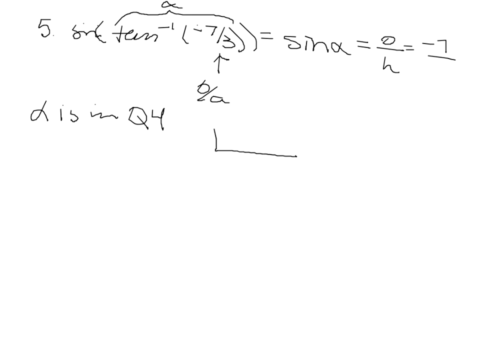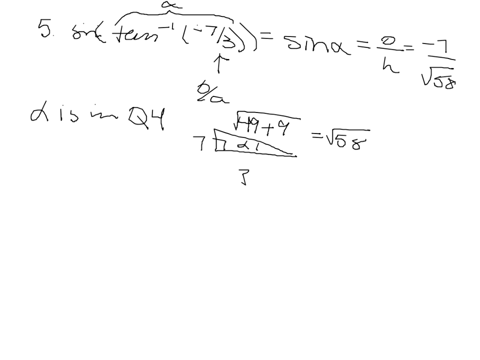So if I have opposite and adjacent, so opposite is 7 and adjacent's 3. So 7 squared plus 3 squared is 58, and the hypotenuse is the square root of 58. And that is my answer.